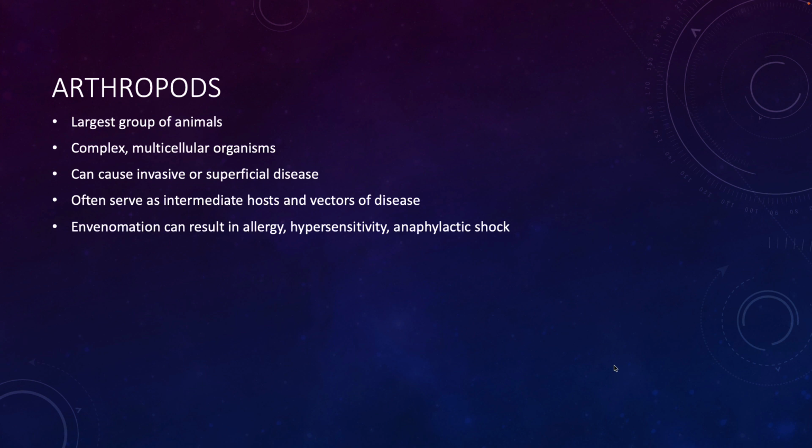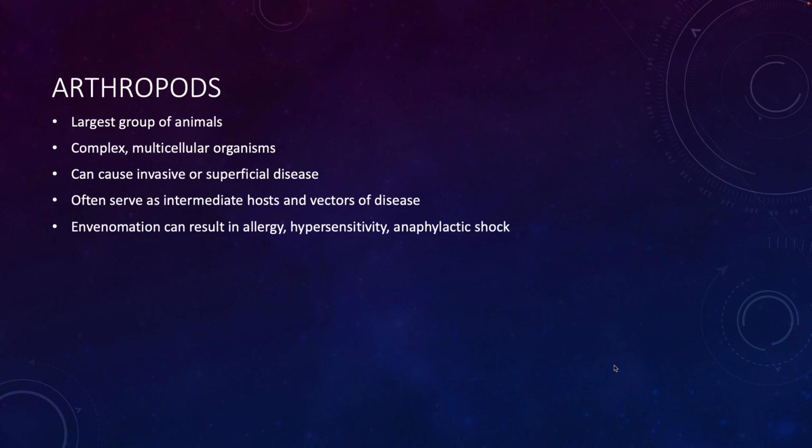We'll also talk a little bit about arthropods. We have talked about arthropods before in the context of how they transmit disease, but we'll also talk a little bit about arthropods and how they can cause disease symptoms. Arthropods are the largest group of animals. They're complex multicellular organisms.